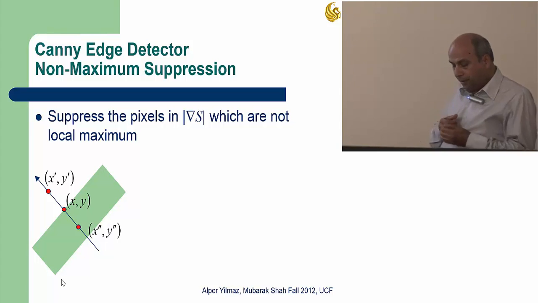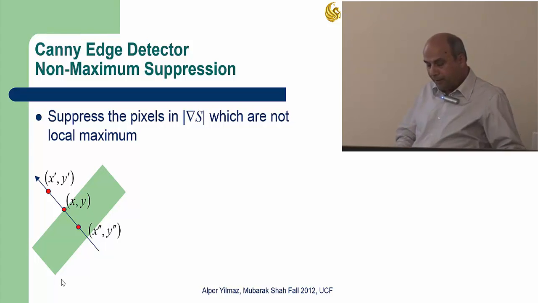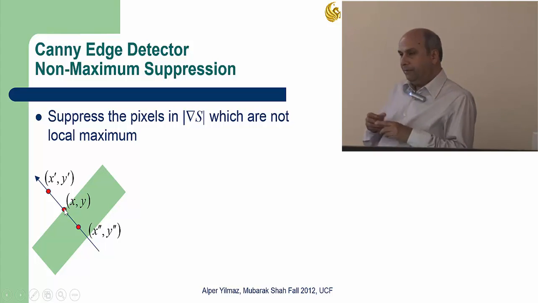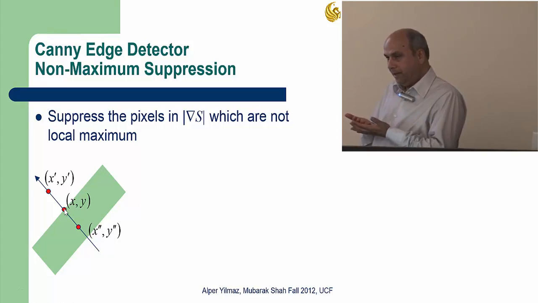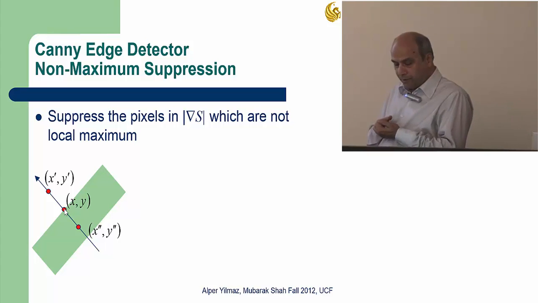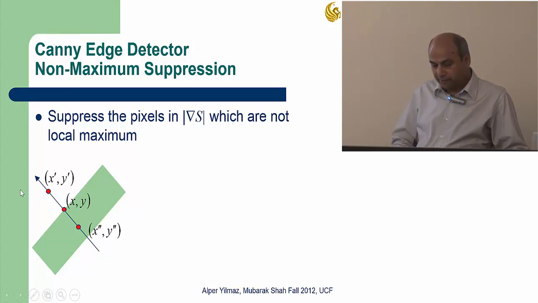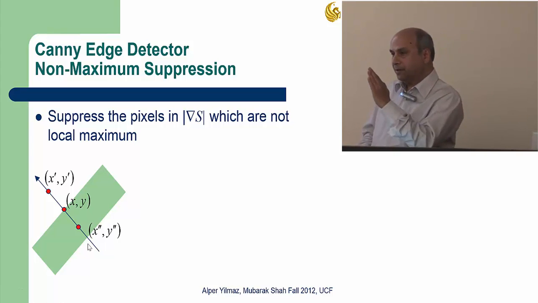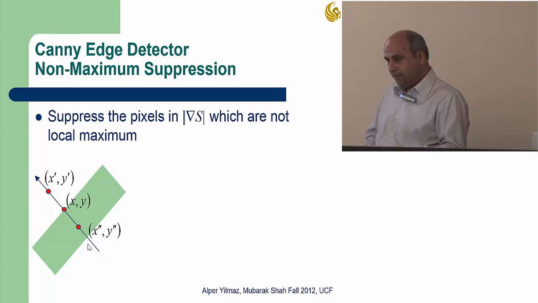Now, when you find the gradient at this pixel, gradient is a vector. It will always have a direction and a magnitude. The direction of a gradient is perpendicular to the edge. This is the direction of an edge, and this is the direction of the gradient. So the edge in that local neighborhood has a direction. Here, there, there. That's what is reflected in the direction of the edge. Okay.